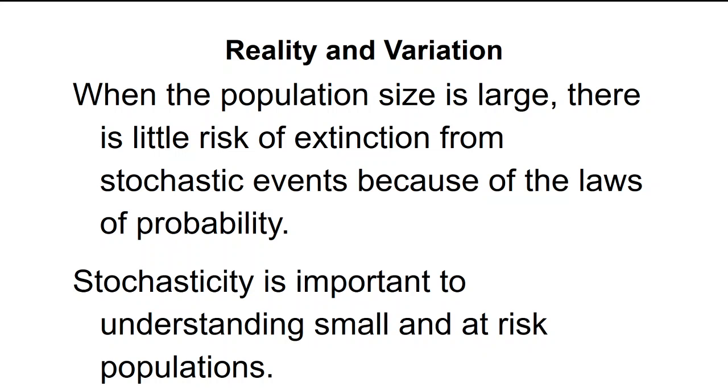On the other hand, stochastic events can often be of sufficient magnitude to push small and at-risk populations out entirely, and to cause populations of those organisms to go extinct.